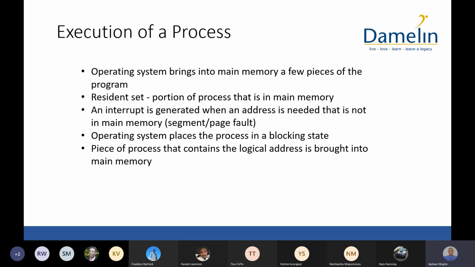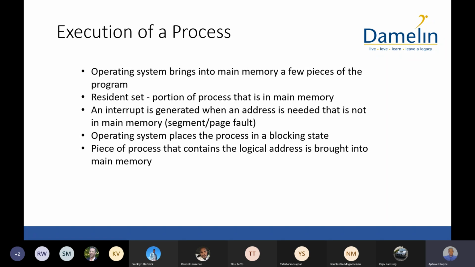The operating system places the process in a blocking state. So we reached a point where the process cannot continue because there's something missing. So it's going to put it in a blocking state while it's doing that parallel process of going to fetch the missing pages or segments. The piece of the process that contains the logical address is brought into the main memory.